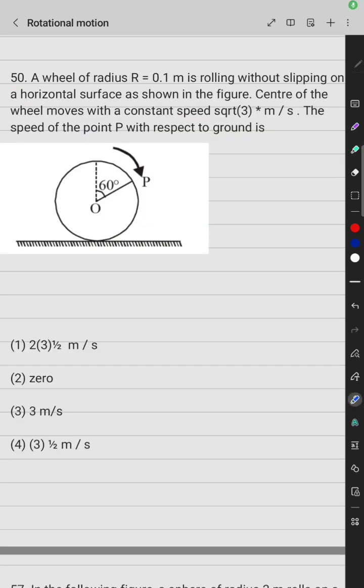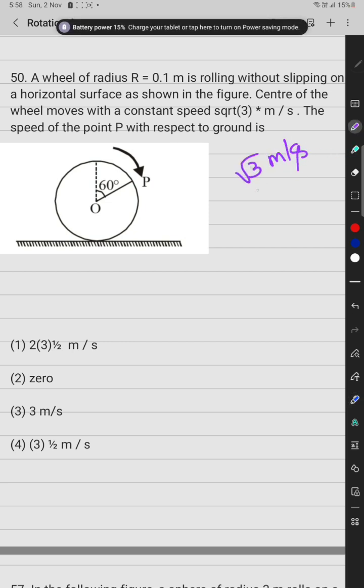In this condition, the radius of the wheel is 0.1 and it rolls without slipping on the horizontal surface, and the wheel moves with a constant speed root 3 meter per second. So the speed of the center of mass is root 3 meter per second.